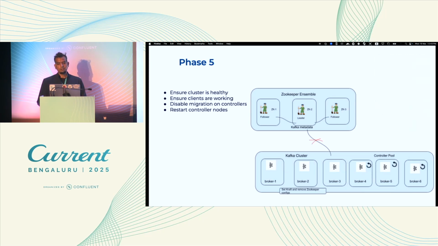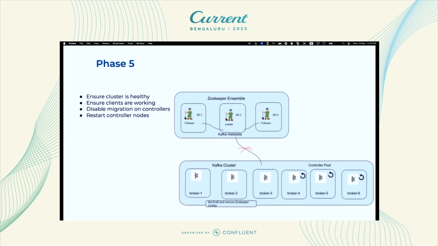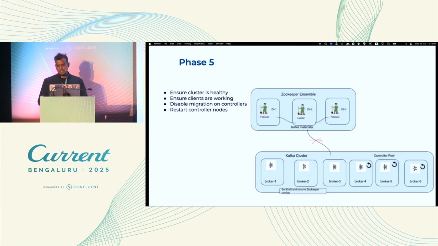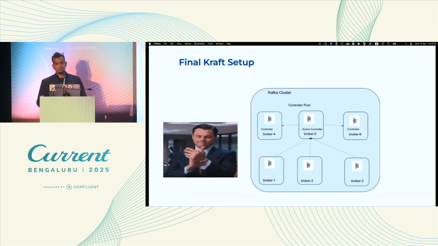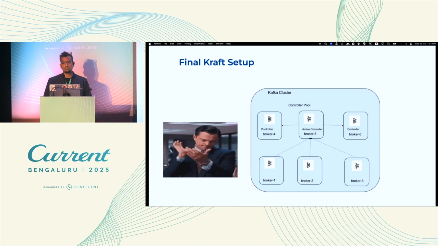So in phase 5, we ensure the cluster is healthy after the migration, that clients are working properly, and we hear from all the application teams that there are no issues. Once everything looks fine on the controller nodes, we can remove the Zookeeper-specific configs, disable migration, and then restart the brokers. If you have made it this far without running into any issues, well done and congratulations.